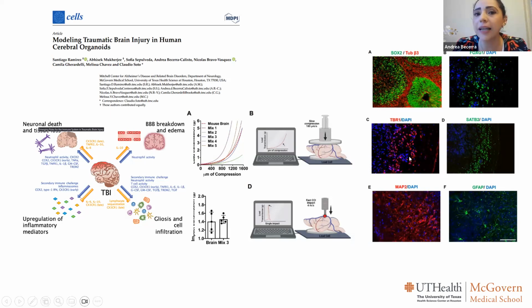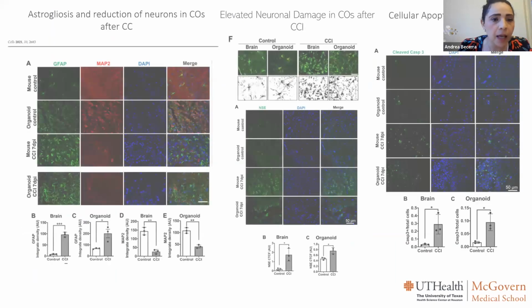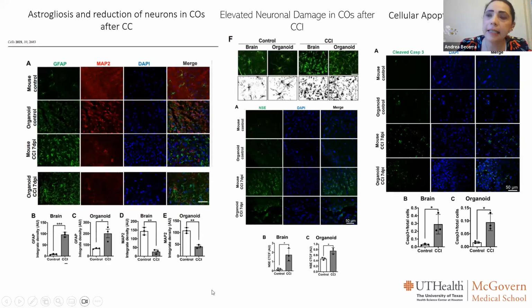We need to be sure that the cerebral organoids are able to generate neuroepithelia and the different layers of the human cortical brain. We compare this phantom brain with the classic traumatic brain injury model, and we saw that organoids present increased GFAP levels, meaning astrogliosis.